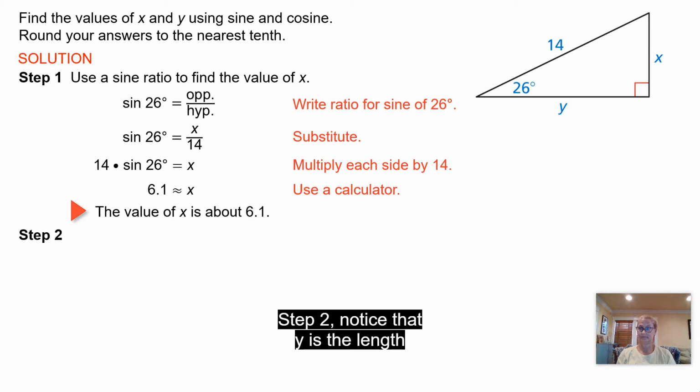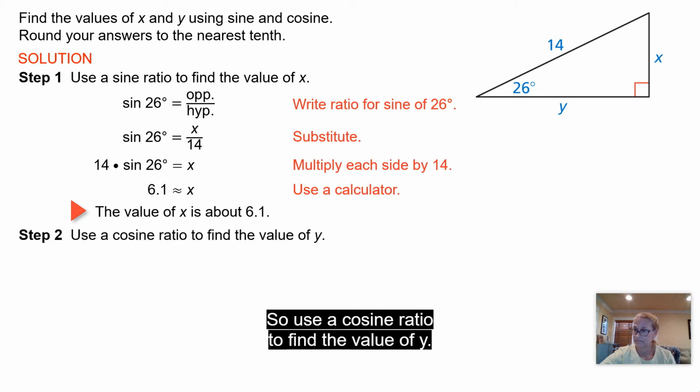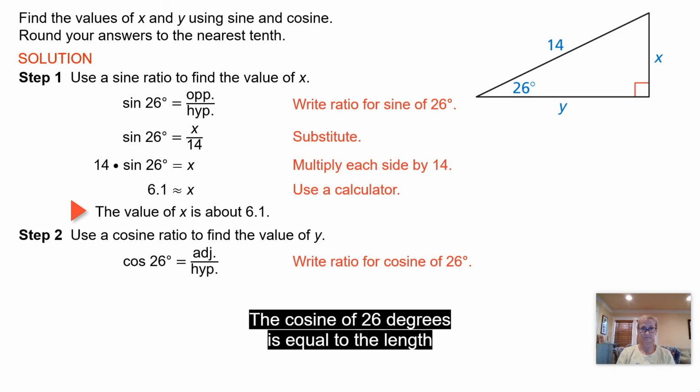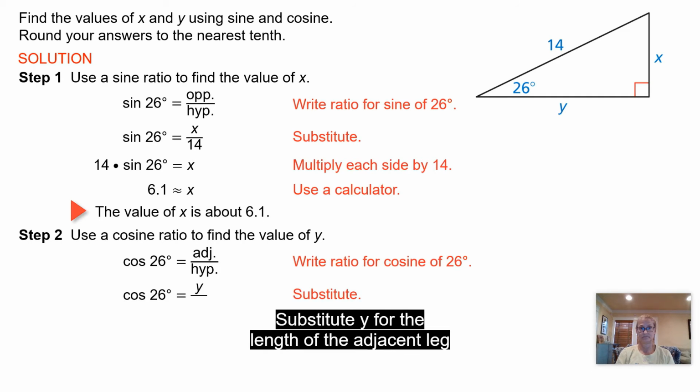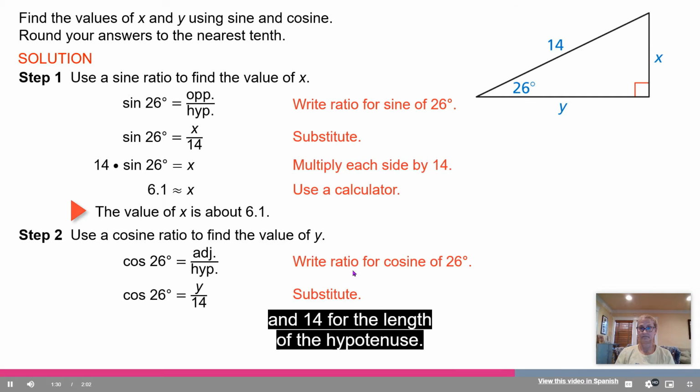Step 2. Notice that y is the length of the leg adjacent to the 26-degree angle. So, use a cosine ratio to find the value of y. The cosine of 26 degrees is equal to the length of the adjacent leg divided by the length of the hypotenuse. Substitute y for the length of the adjacent leg and 14 for the length of the hypotenuse.